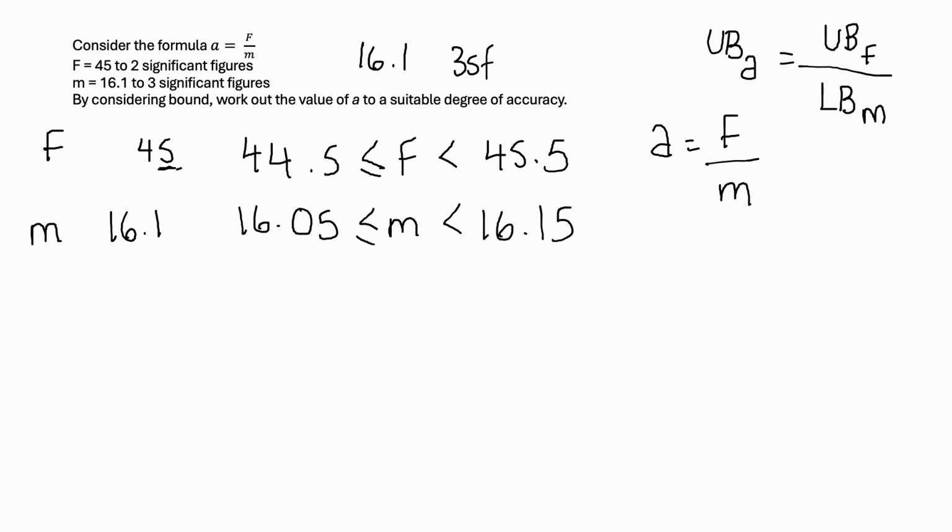If we have like 100 divided by 2, so 100 over 2, for instance, gives a big number, right? Gives 50, which is a big number.